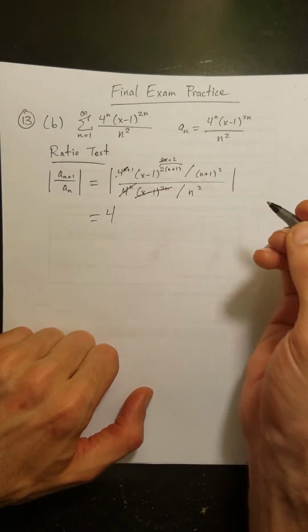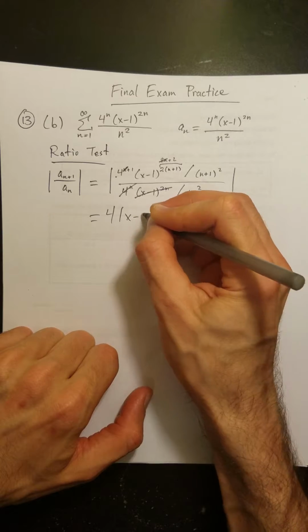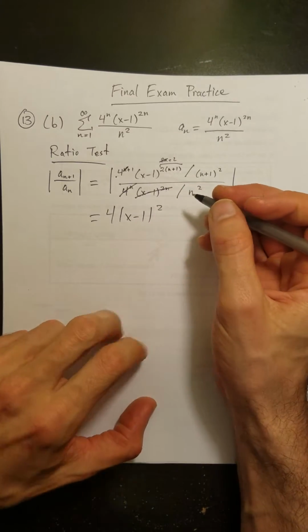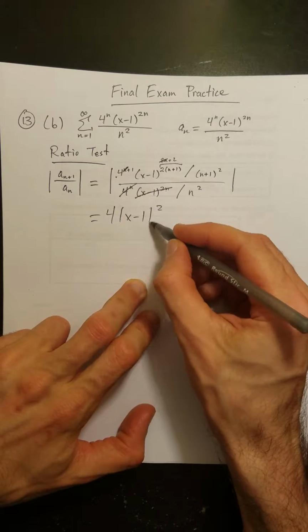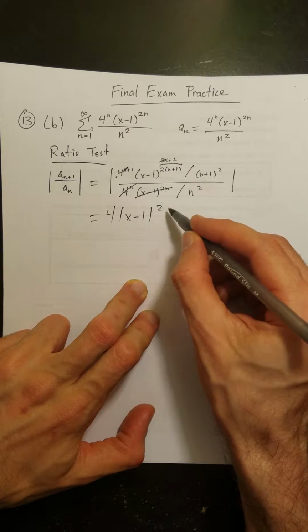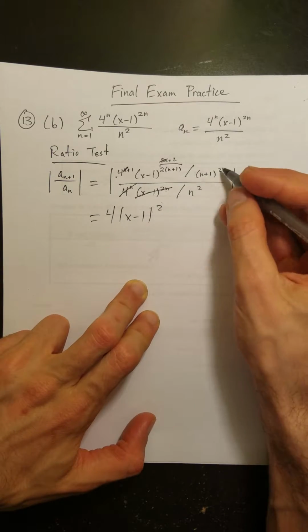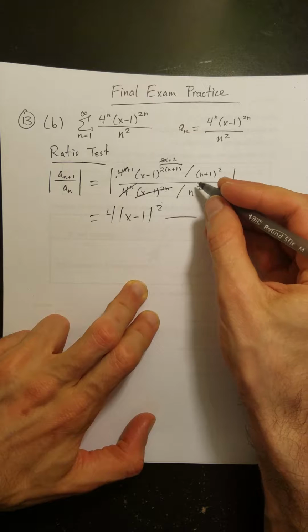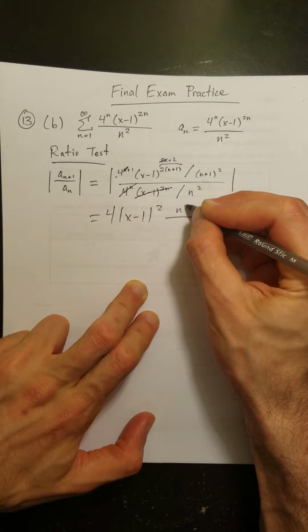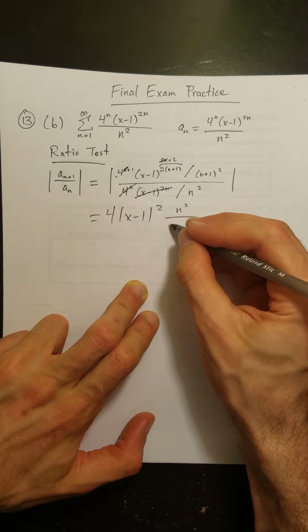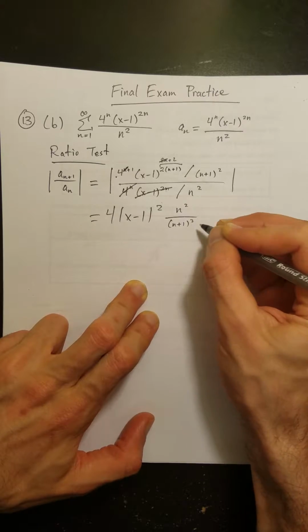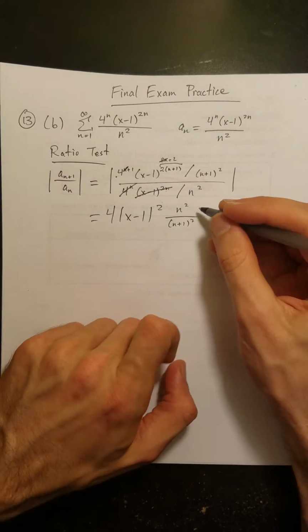So we have a 4 that can come out front. We have an x minus 1 squared that can come out front, which if you think about it, I don't need the absolute values here because I'm squaring the expression. But either way, the rest of the term is going to look like n squared in the numerator and n plus 1 squared in the denominator.